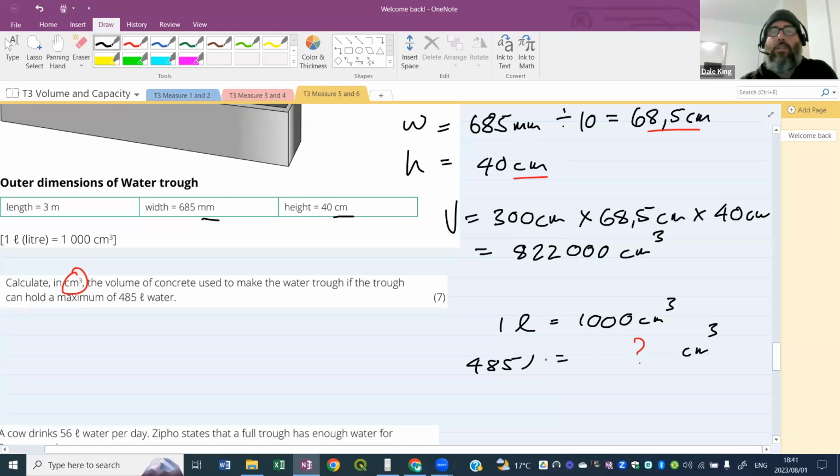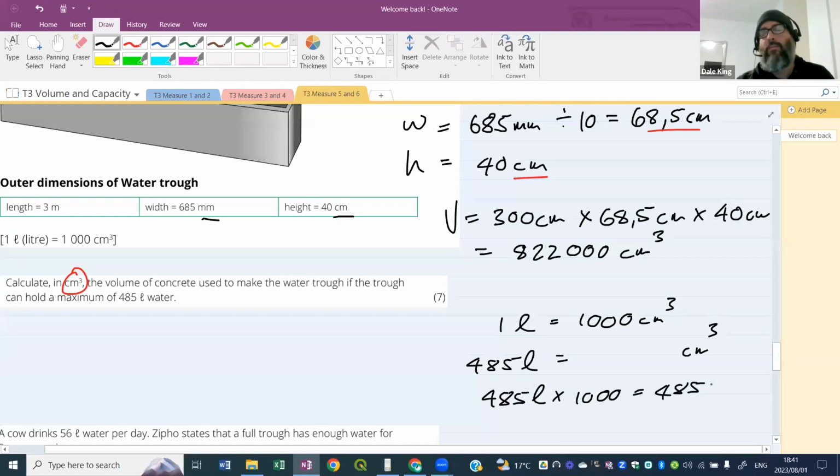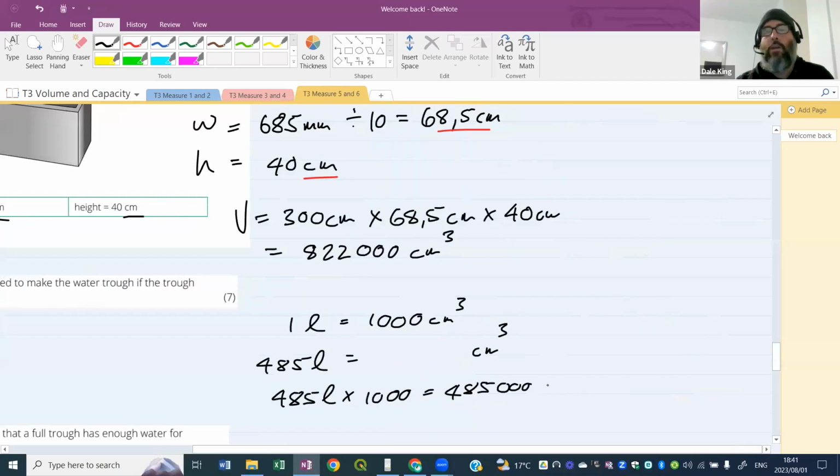So instead, we're going to say 485 times 1,000, which is going to give us 485,000 centimeters cubed.